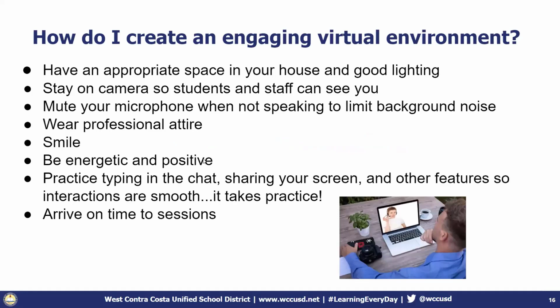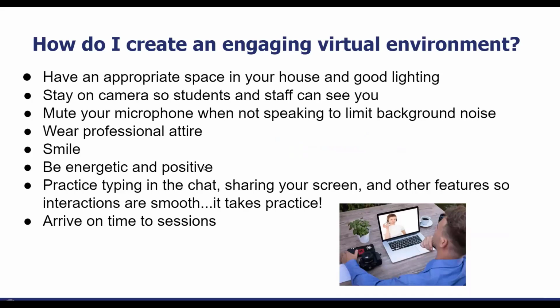So when we're talking about how we're creating this new environment that we have virtually, there are some things we can do to make sure it is the best that it can be. This is all challenging, but it can be the best it can be. One of the things we've noticed is that it's important to have an appropriate space in your house that has good lighting.